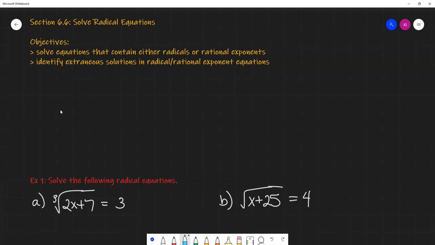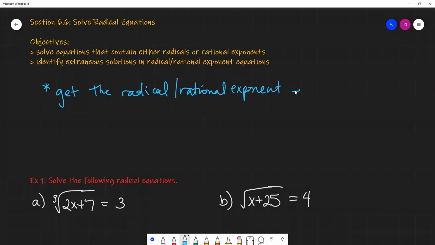chapter 8, right? So the idea for this section, to solve these equations, we want to get the radical / rational exponent expression by itself.